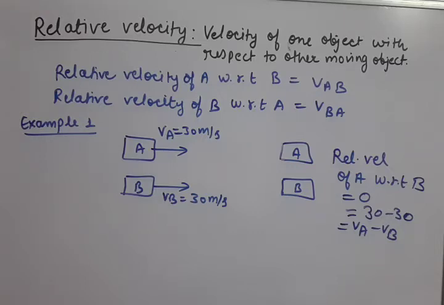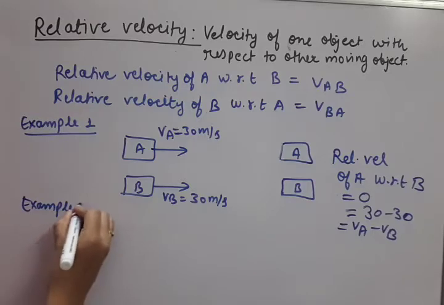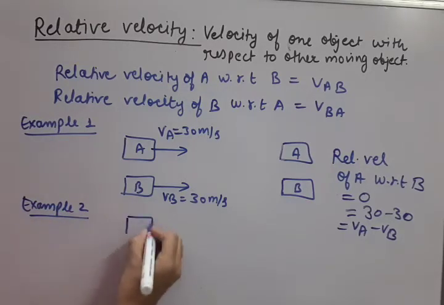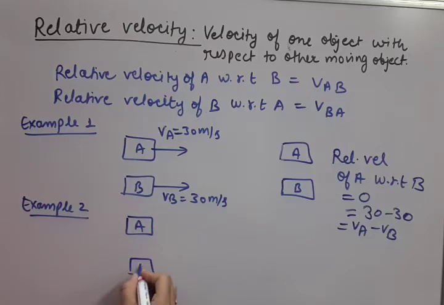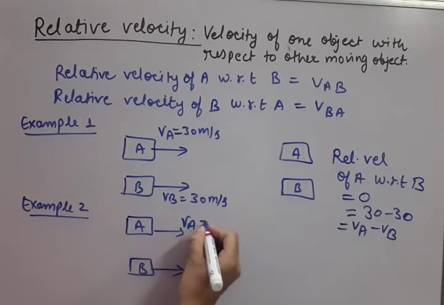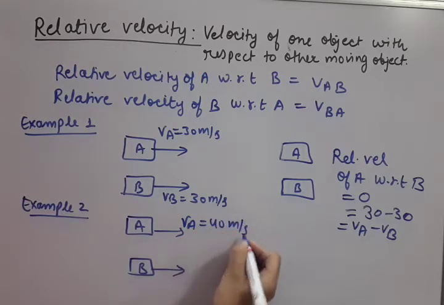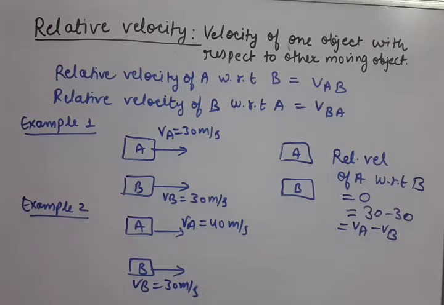Now let us take example number 2. Again I am taking two trains A and B. They are moving in the same direction, but suppose A is moving with 40 speed and B is moving with 30 speed. Think about this example.